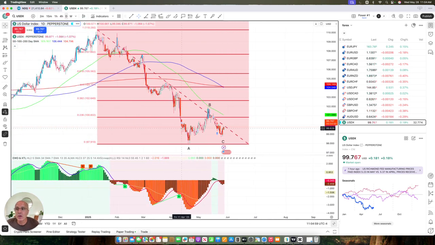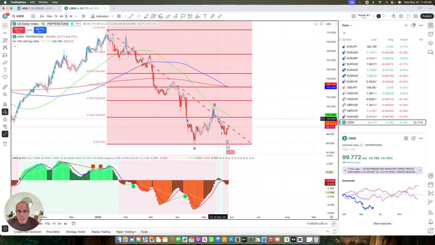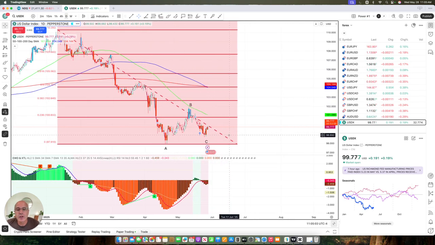ABC formation, Fibonacci retracement, C is right here. Yesterday was a reverse day bar, and today we have a follow through. For some reason, the US dollar is kind of trying to reverse. If it's on the B, we are still to the downside with the US dollar. Remember that.